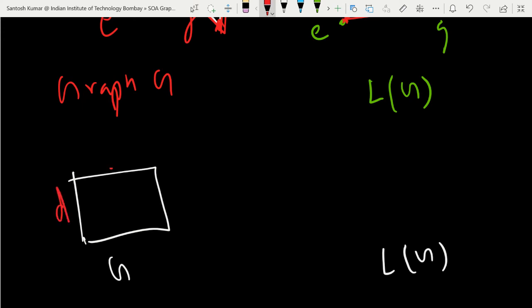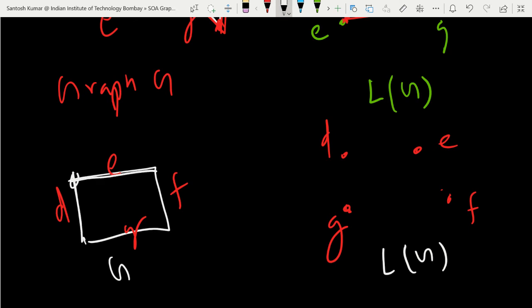Say D, E, F, G. There are four edges. Suppose like this. You see there is a common vertex between D and E, that's why you will have an edge.